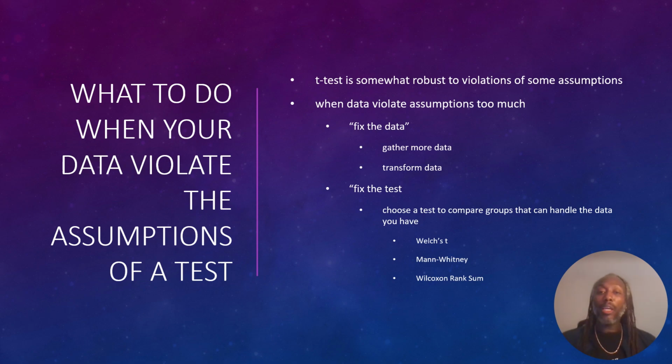And when I say fix the data, I mean that sometimes it may just help to gather more data. As I mentioned before, the more data you have, due to the central limit theorem, things like normality tend to become less important, right? Sometimes you may need to do something to the values themselves, like transform them. We'll deal with tests later that require your samples to have equal variances or close to equal variances.